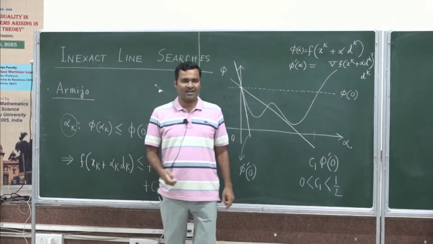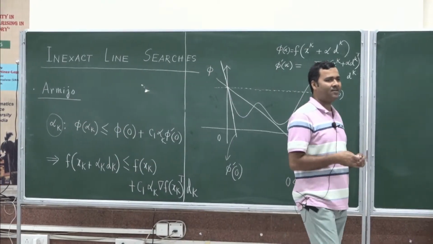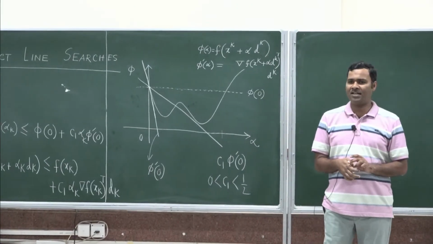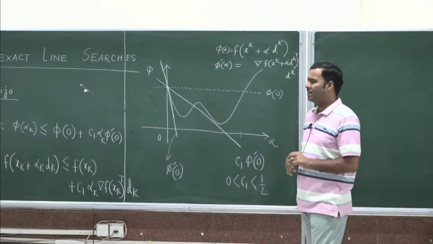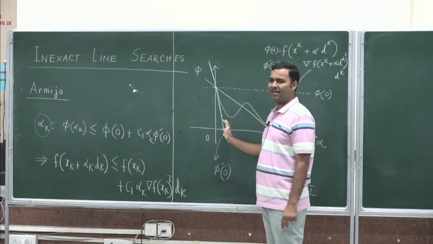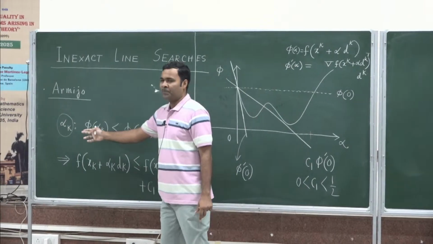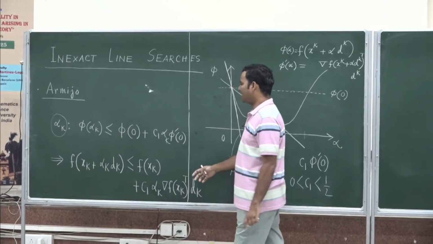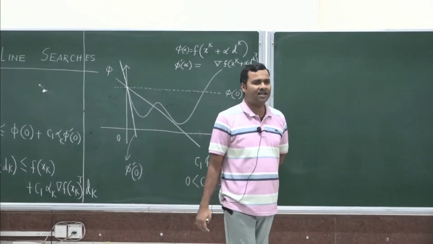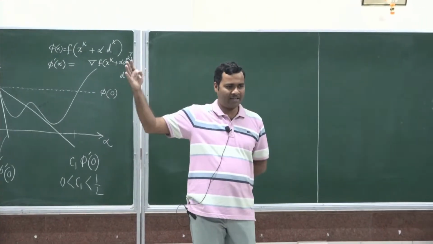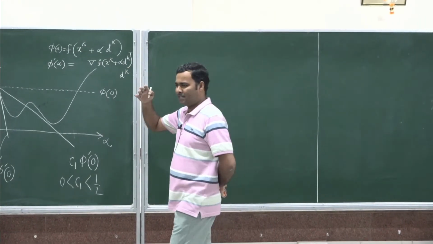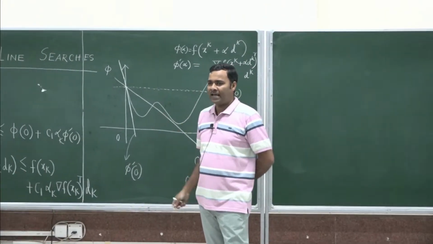It is okay that if I choose an alpha k of this type, then obviously function value is decreasing substantially, as well as the step length is not very high. We agree with this one, but how to choose this particular alpha k? It is suggested that this can be done quickly by backtracking, that you take a substantially larger alpha k, very high value, maybe let's suppose 10, 50 or whatsoever, and then you backtrack.